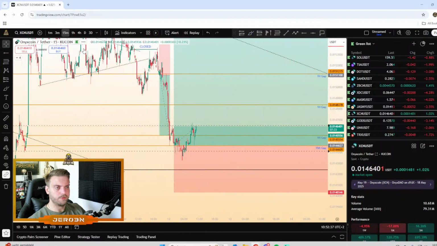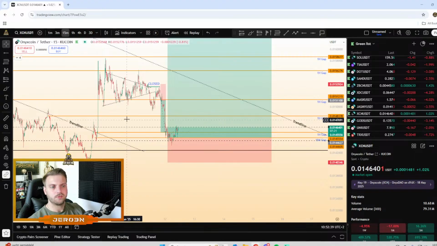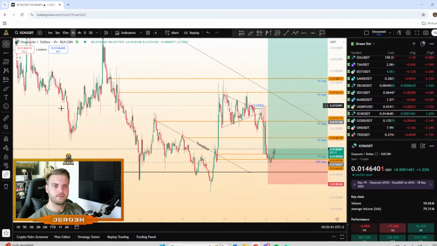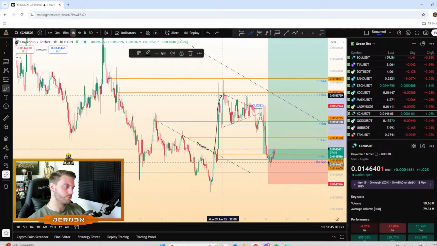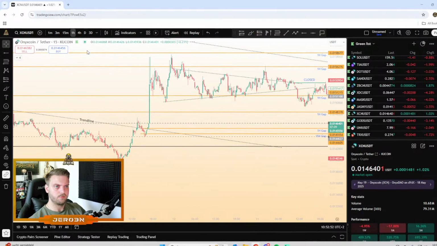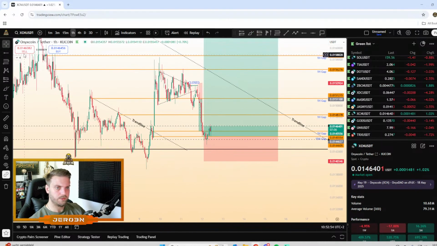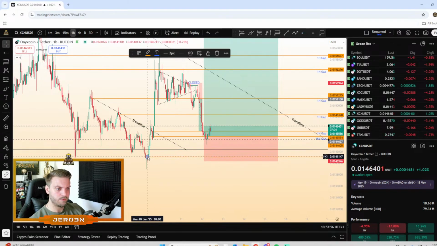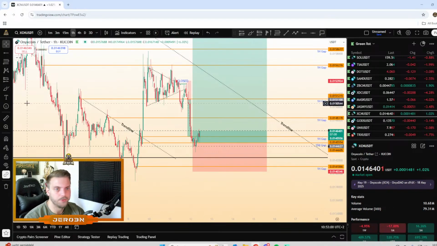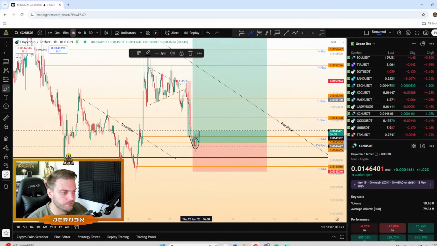So yeah, what we want to see from this coin now. We broke out of this trend here. We broke out, retest happening, and yes, we still have this one open here on the hourly. But we had our confirmation here.